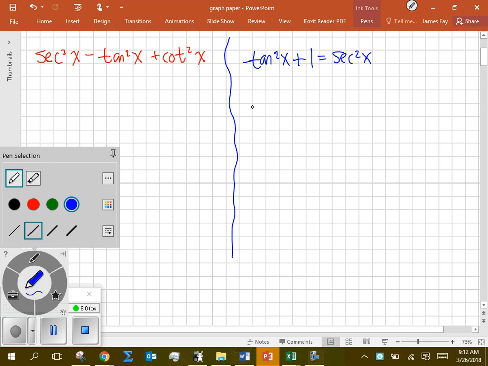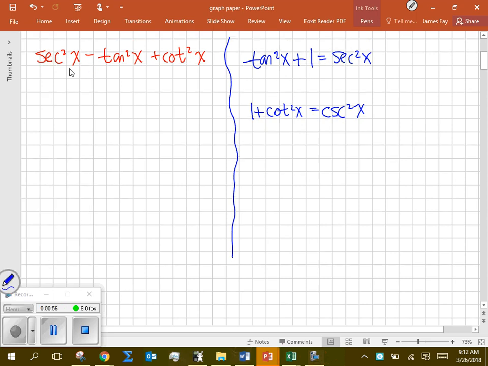And you know the other one as well, that 1 plus cotangent squared x is equal to cosecant squared x. Use those 2 pieces of information to see if you can transform this down to 1 trigonometric ratio.